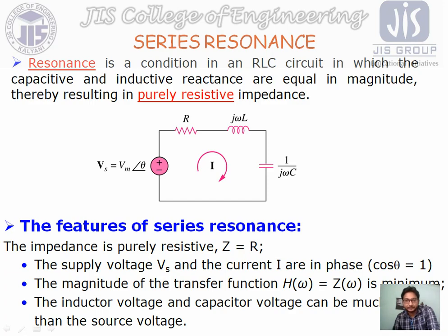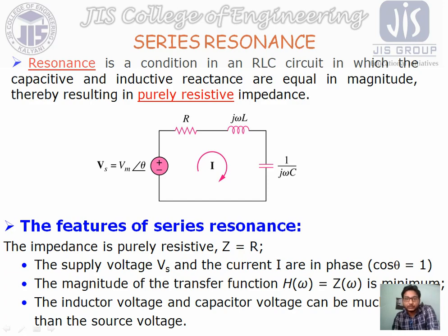And obviously there will be some change of impedance throughout the circuit based on frequency, because at a particular frequency the circuit will have a particular impedance. Similarly, if we change the frequency, it will have a different impedance, so that we will check.